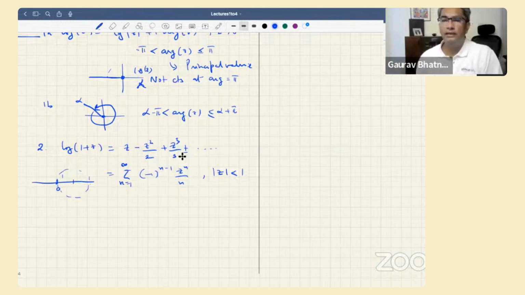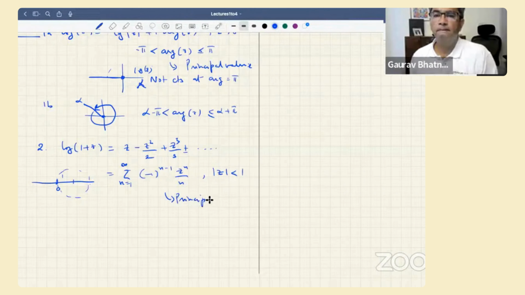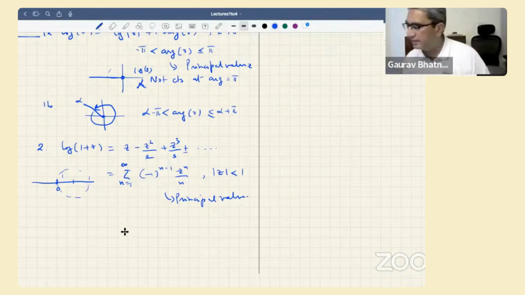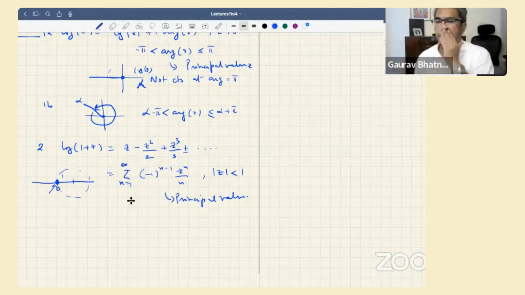This is the principal value, and the other values can be obtained by adding a constant, a multiple of 2 pi i. Essentially we are avoiding 0; the rest is okay. It's not a big deal.